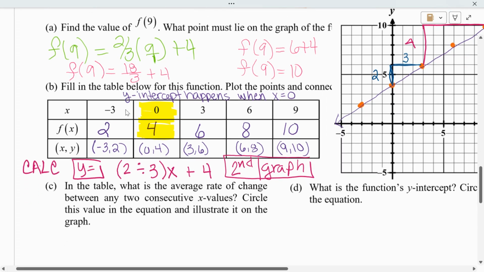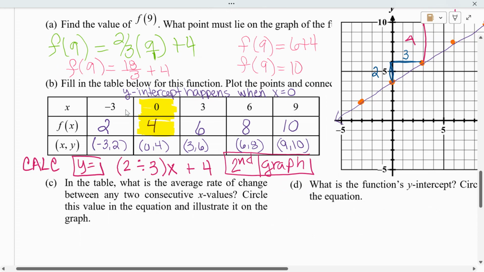So here's this word that we all love in question C. It says in the table, what is the average rate of change between any two consecutive values? So let's figure out the average rate of change from -3 to 0.